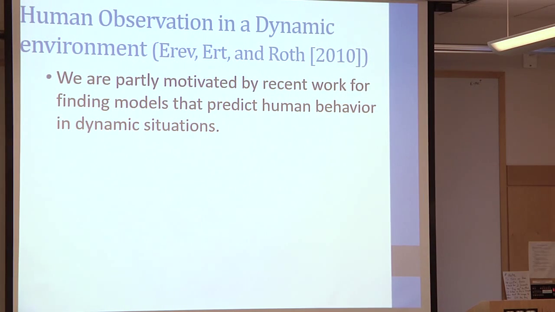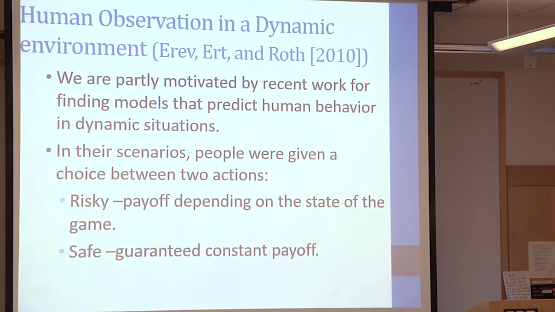This work is partly motivated by a model by Erev and Roth, where they wanted to find out what people do in this dynamic situation. They gave people a game to play where they had two options. They can either play risky, in which case their payoff depends on some state of the game or state of nature, or they can play safe, in which case they get a guaranteed constant payoff.